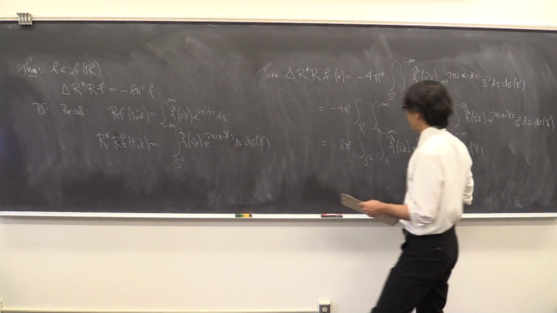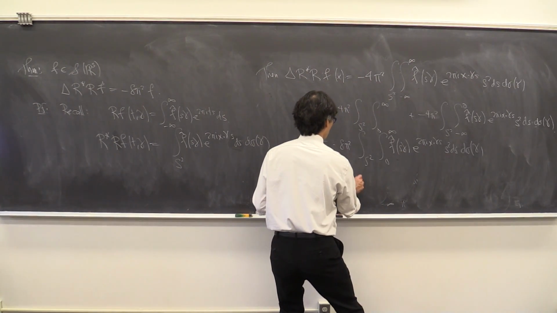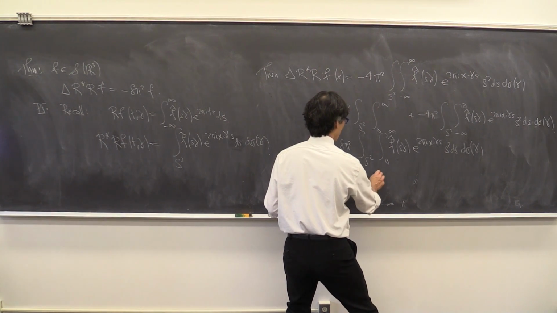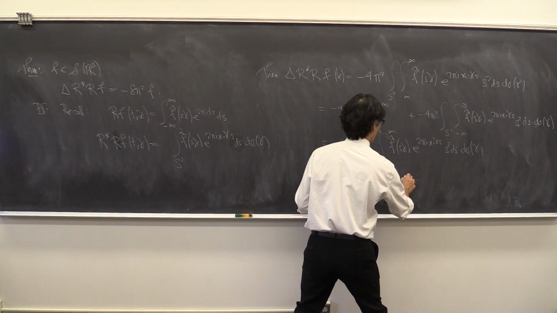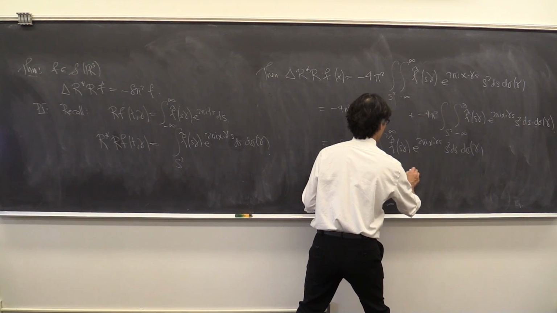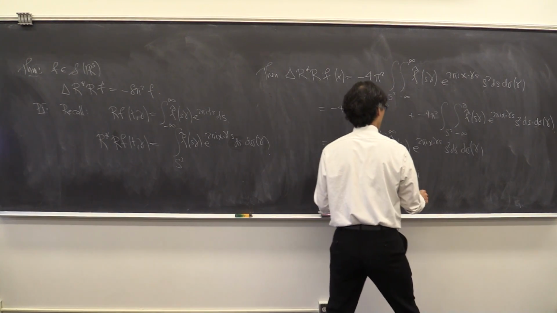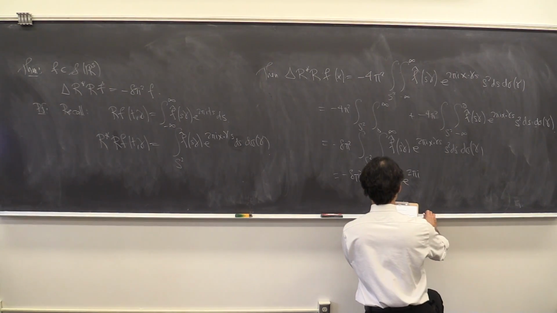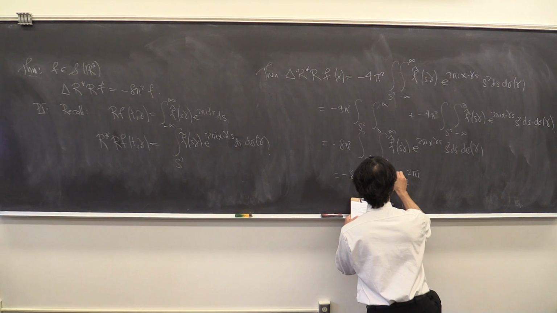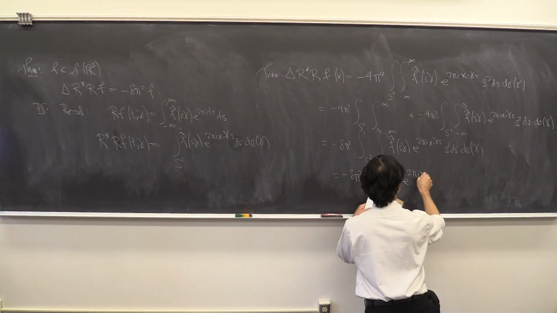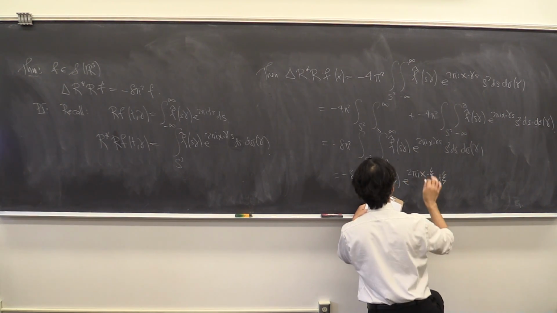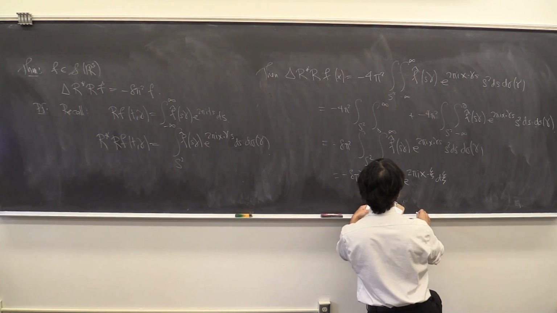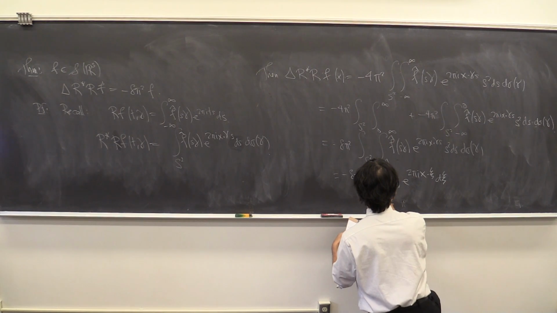So we can change this into negative 8 pi squared, the integral of f hat of xi, e to the 2 pi i x dot xi, d xi, over R3.